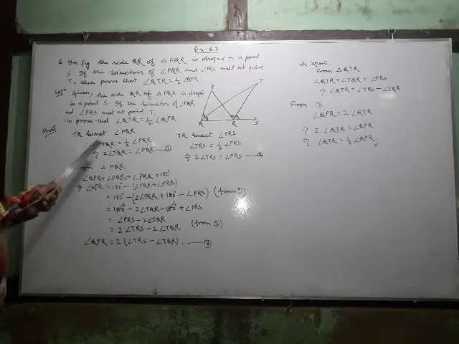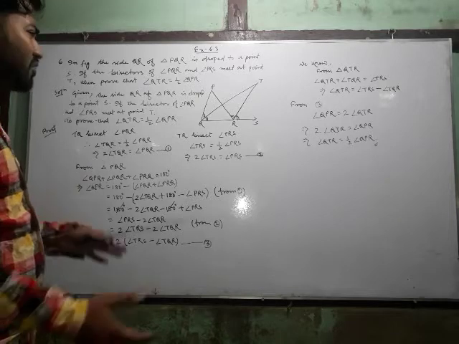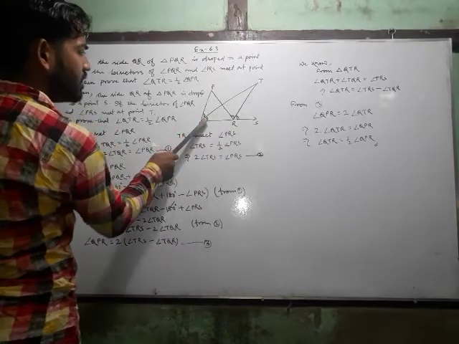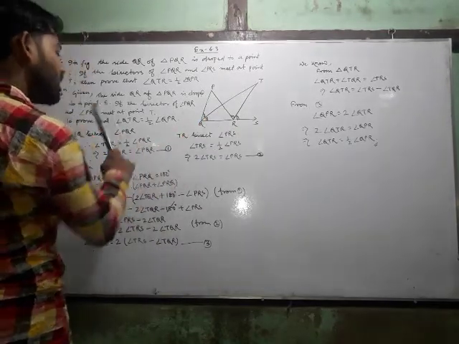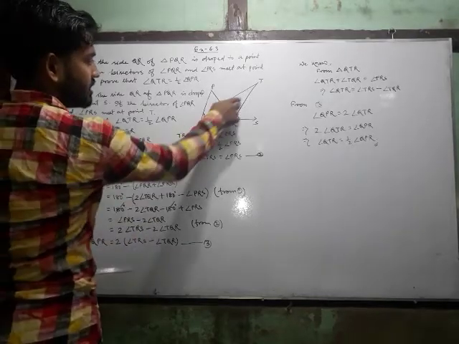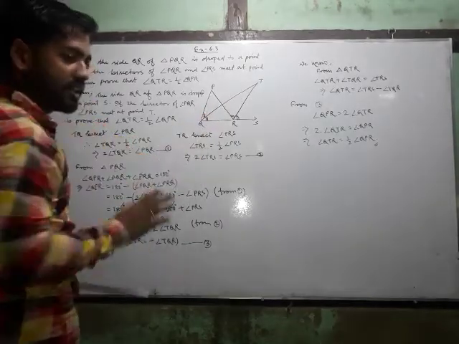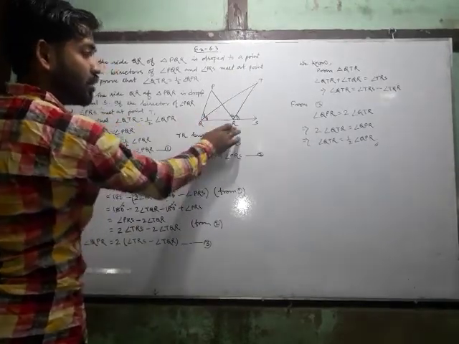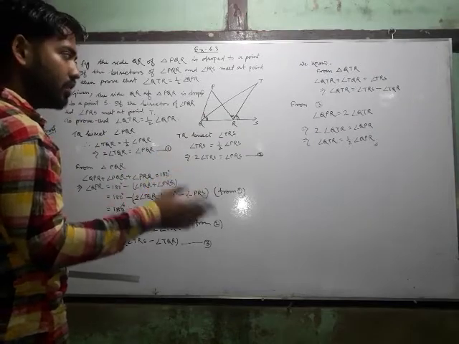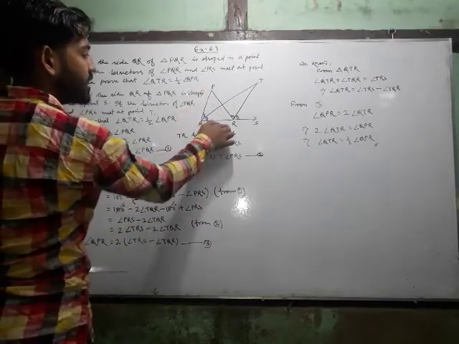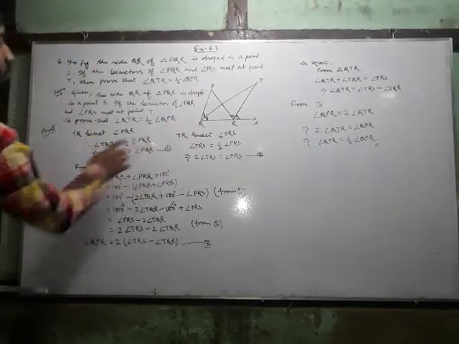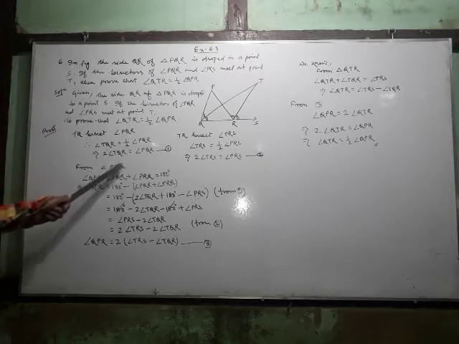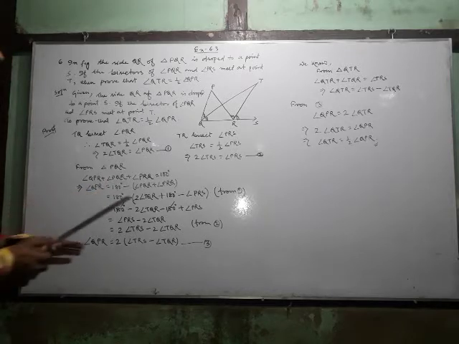So angle TQR will be half of the complete angle PQR, because as it is the bisector, these two parts are equal. If we cross multiply, then 2 TQR equals PQR. This is equation 1.